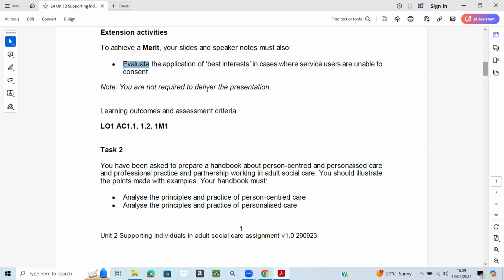So what is important in that? The Mental Capacity Act is important in that. We need to discuss that and give a proper answer to get a merit.